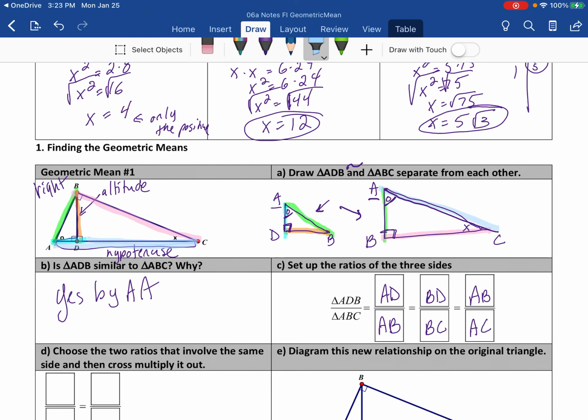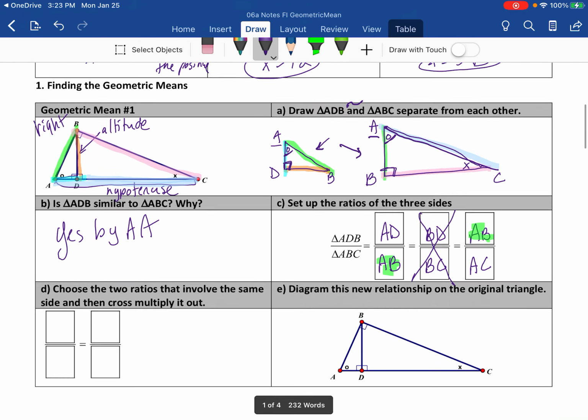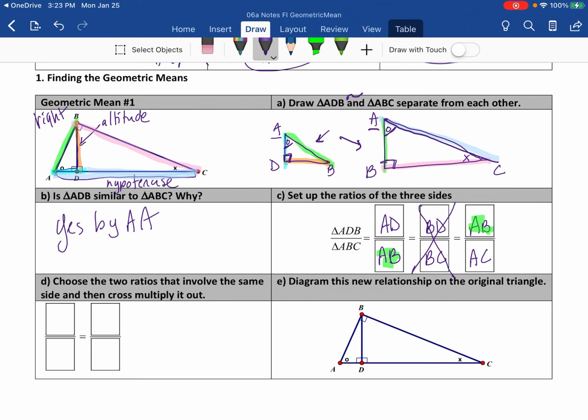So what you notice is the thing that I made a note of earlier, is that this one has AB and this one has AB. So I'm actually going to throw out that part because these two have a relationship to each other. And this is actually kind of special because usually to solve a proportion you'd have to have 4 parts, but with these proportions you only need 3 parts because 2 of the parts are the same.